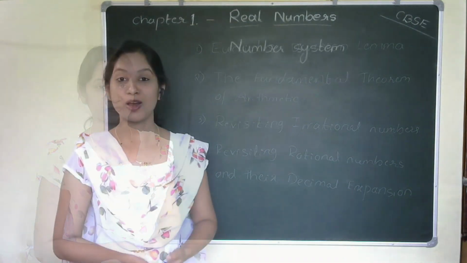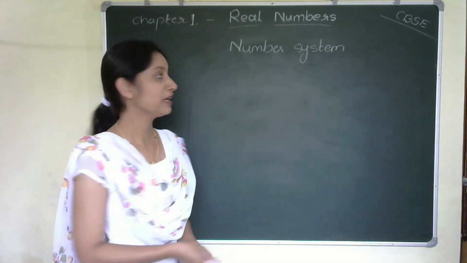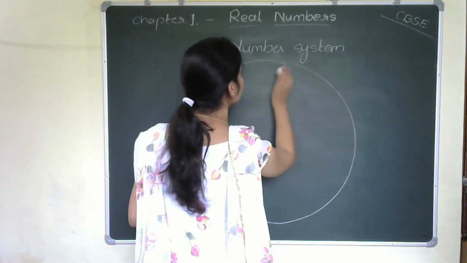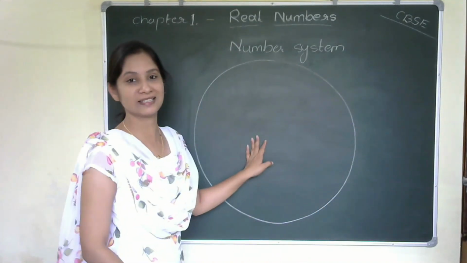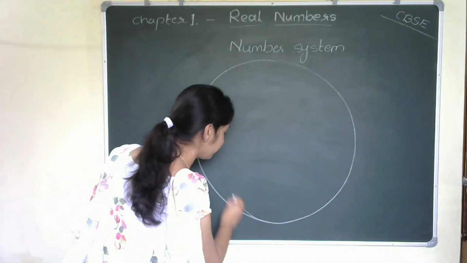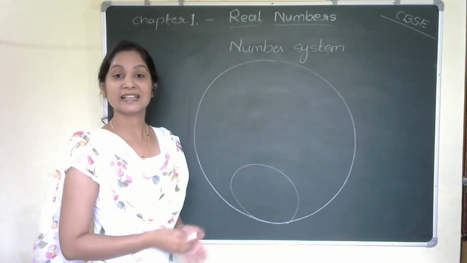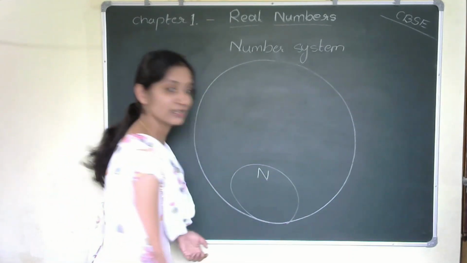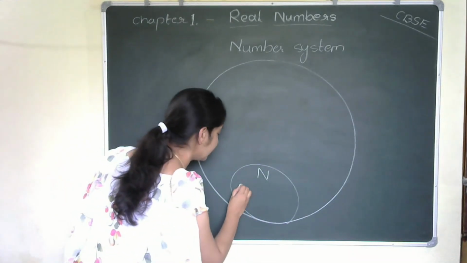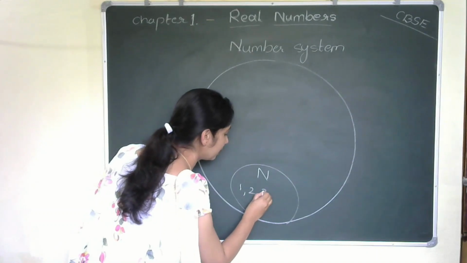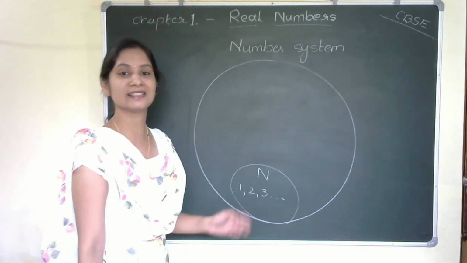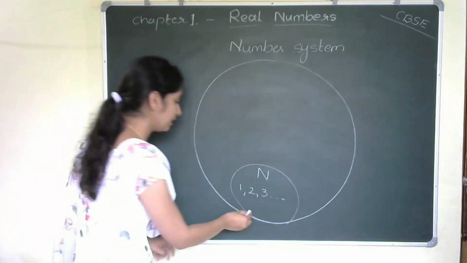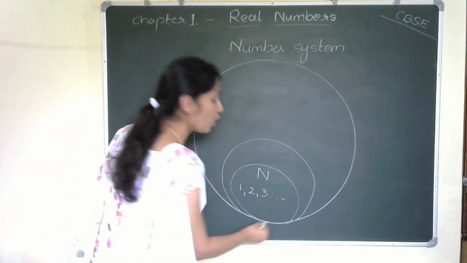I hope you are all familiar with the number system. If we consider it as a set, what are the different types of numbers involved in this set? We know the first one is natural numbers. We denote it as N. It contains 1, 2, 3 and so on. Then comes whole numbers.